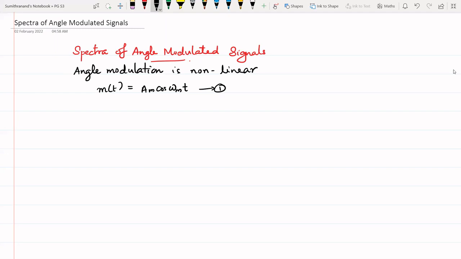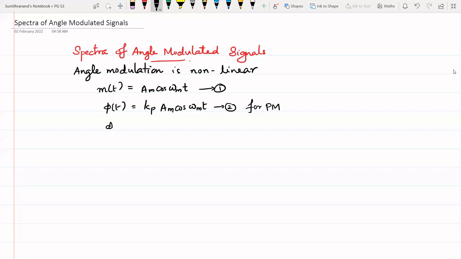We have seen in the previous class that the instantaneous phase deviation phi of t is equal to kp into Am cos omega m t. This is equation number 2, and this is for phase modulation.